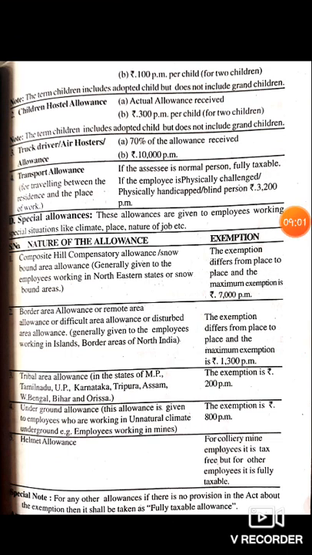These are the different types of allowances which are given to employees depending upon different situations and different nature of work. Depending upon the allowances given, the exemption is also allowed.